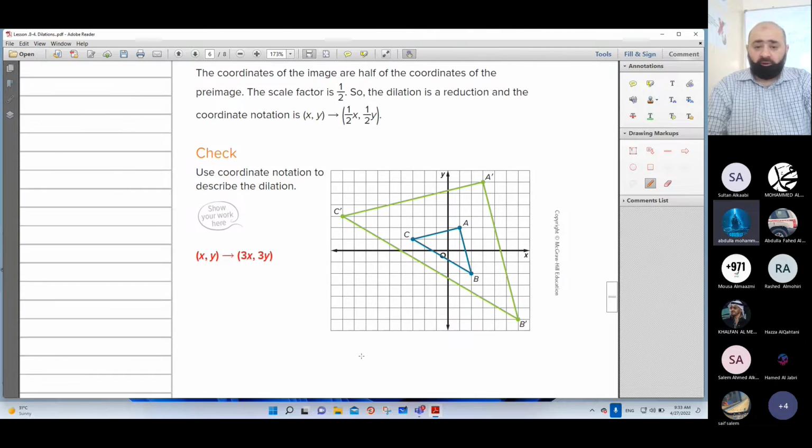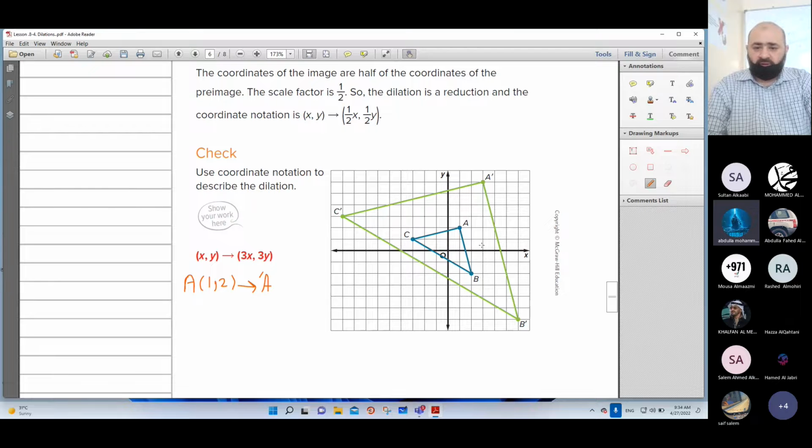The same idea here. Use coordinate notation to describe the dilation. This is A. What is the location of A? 1 in x, 2 in y. So A is (1, 2). Take the corresponding vertex A prime. What is the location of A prime?